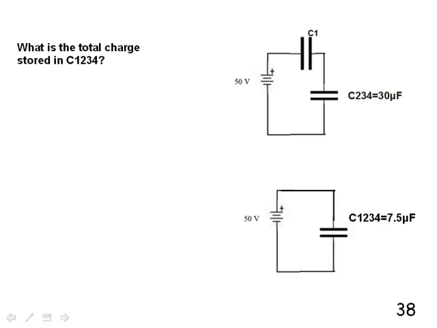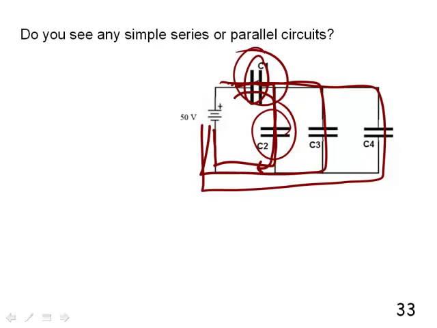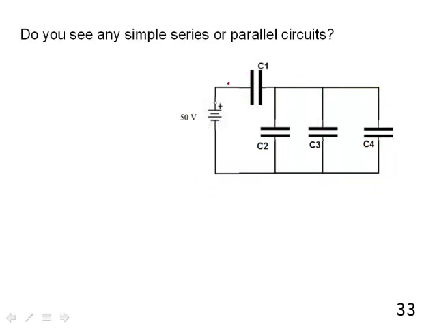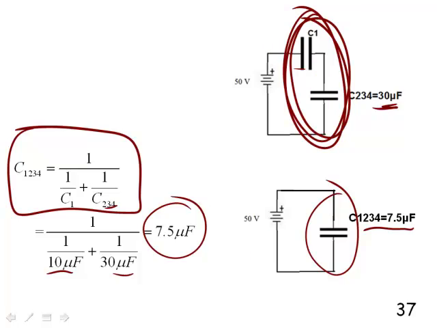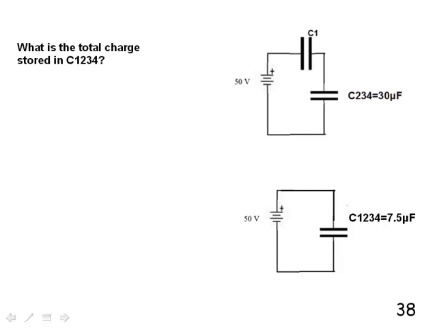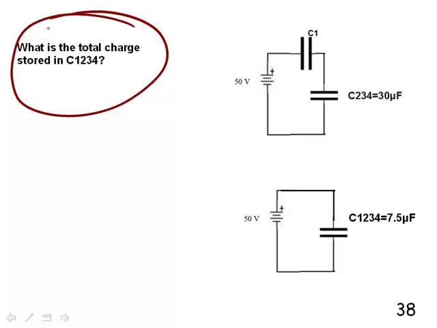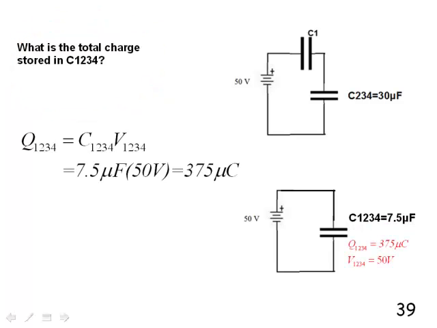And now I'm done. Well, I'm not. I'm done going the one way. I've reduced the original circuit that we started with here that had 4 capacitors. I've reduced that to a single capacitor. And once you do that, the step is always the same. You find the total charge on the total capacitance. So to do that, we apply the Q equals CV equation for the total, and look how I use these subscripts.